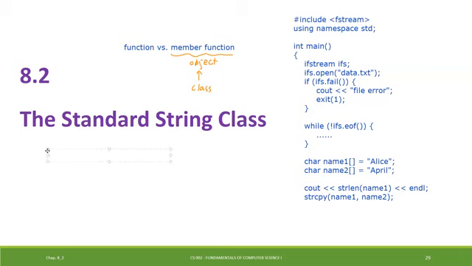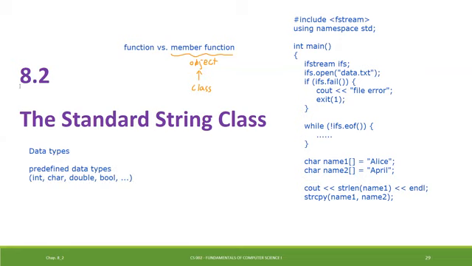We have two data types. One is predefined data types, and they are int, char, double, bool, something like that. These are primitive data types.